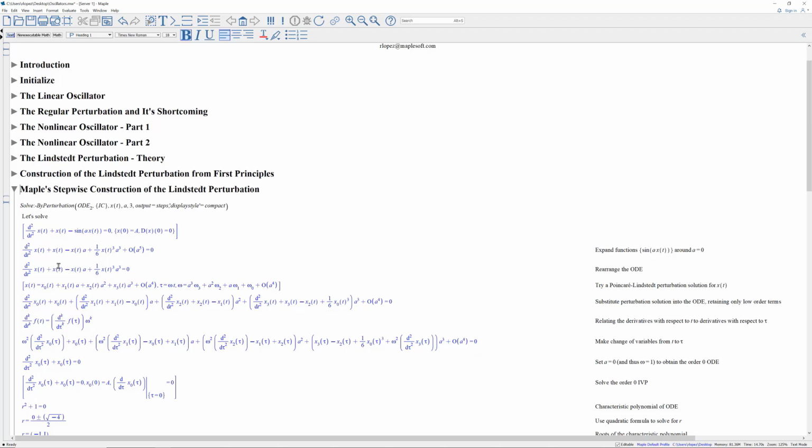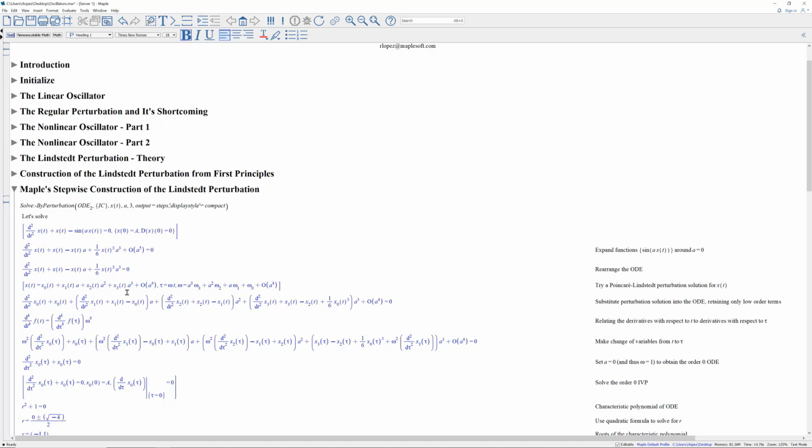So here's the differential equation. And the next thing you see is an expansion for x. All right, this is what x is expanded as. There is tau equals omega t, and there is the expansion for omega.